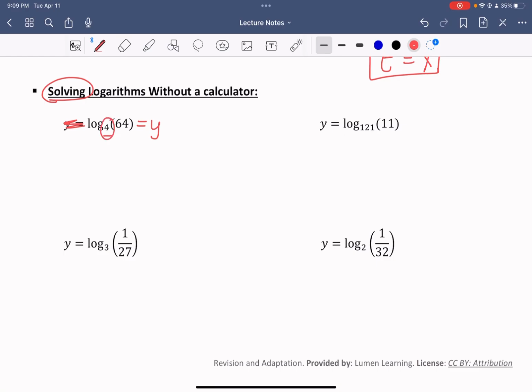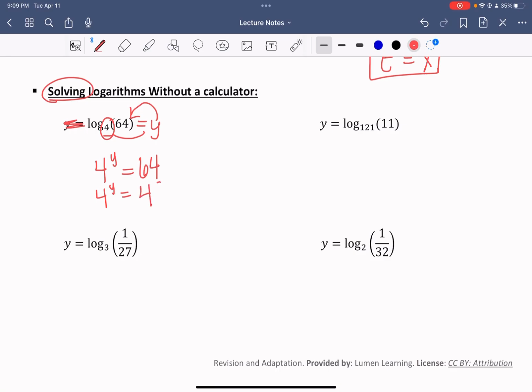So, okay, let me take 4. That would be 4 raised to the y equal to 64. Well, then from there I could think, okay, how do I turn a 4 to the y into 64? Well, I'll just leave 4 to the y alone, but on my on-screen calculator, I could just say, what's 4 to the 1st? Well, that's 4. What's 4 squared? That's 16.